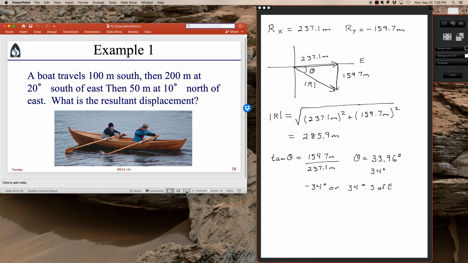So that would be my answer. The magnitude of my net displacement vector is 285.9 meters in a direction that is 34 degrees south of east.